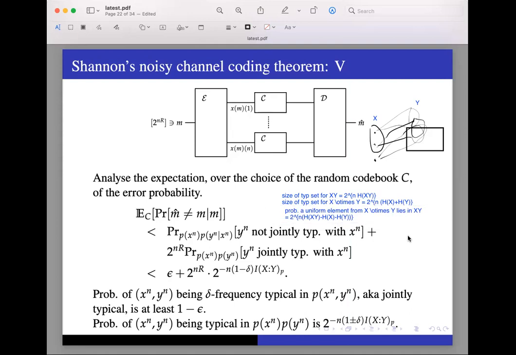Yeah, that's basically what it is. And recall that this is the mutual information. Good. Any further questions?